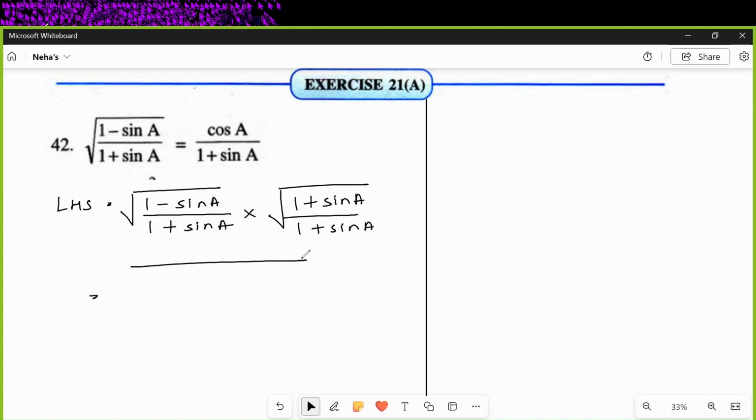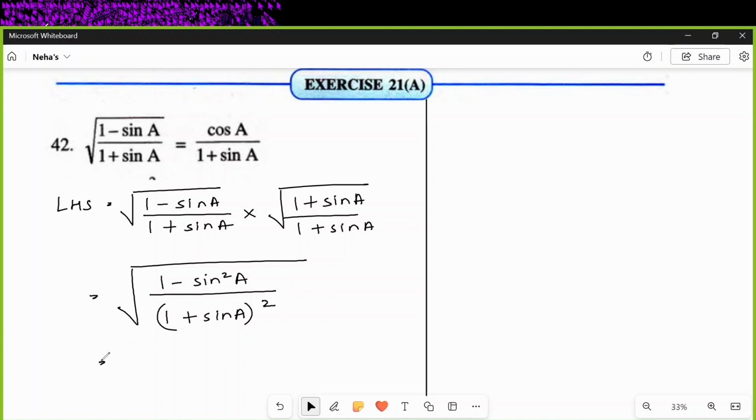So the numerator would become 1 minus sine square A, and the denominator will become (1 plus sine A) whole square. We have applied the formula (A minus B) into (A plus B) is equal to A square minus B square in the numerator, and (A plus B) into (A plus B) is equal to (A plus B) whole square in the denominator.